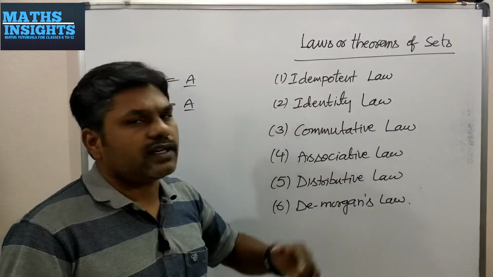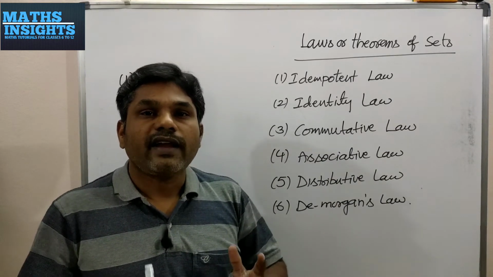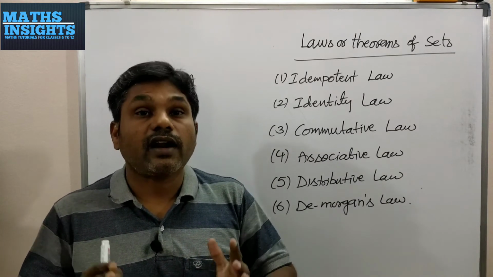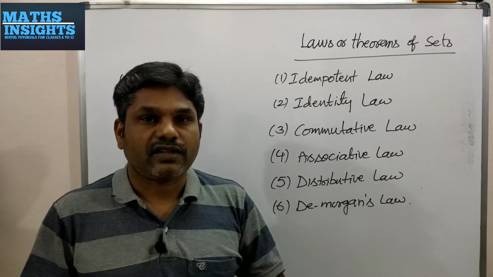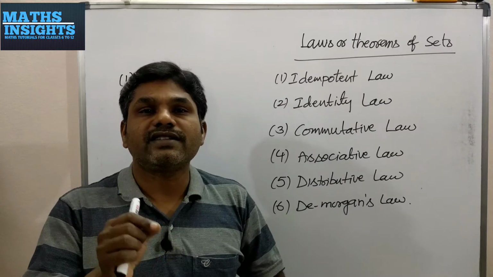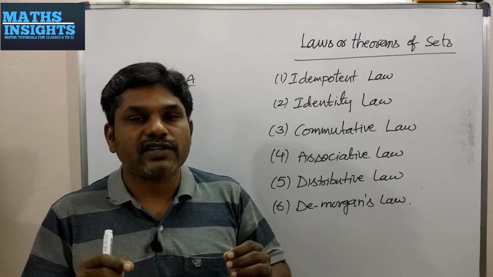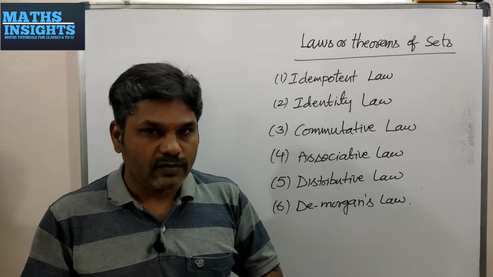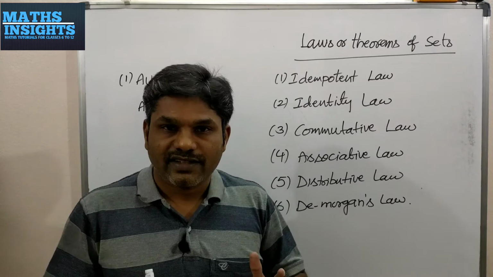Coming to the identity law. In algebra also you have identity elements under addition and under multiplication. The identity element under addition is 0 and under multiplication is 1 in algebra. In a similar way, you have identity sets.